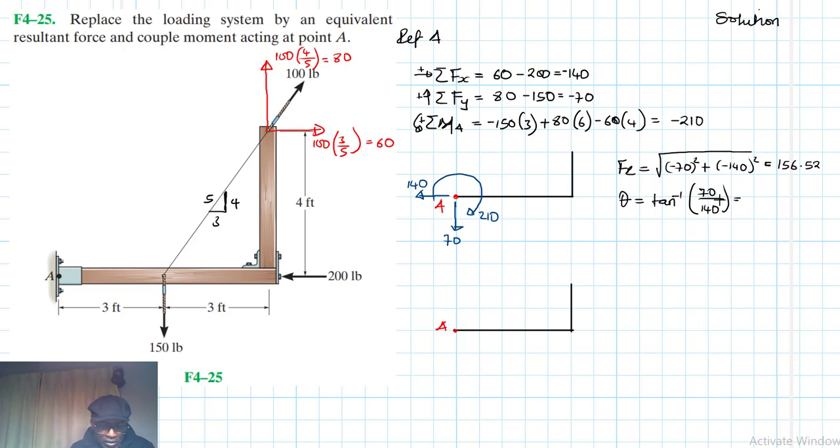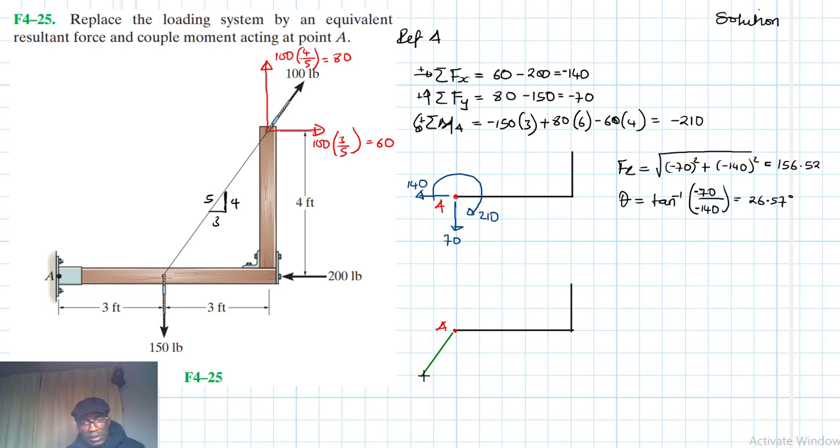This gives us 70 divided by 140. Of course both of them are negative, so they cancel each other out. Then we'll have 26.57 degrees.